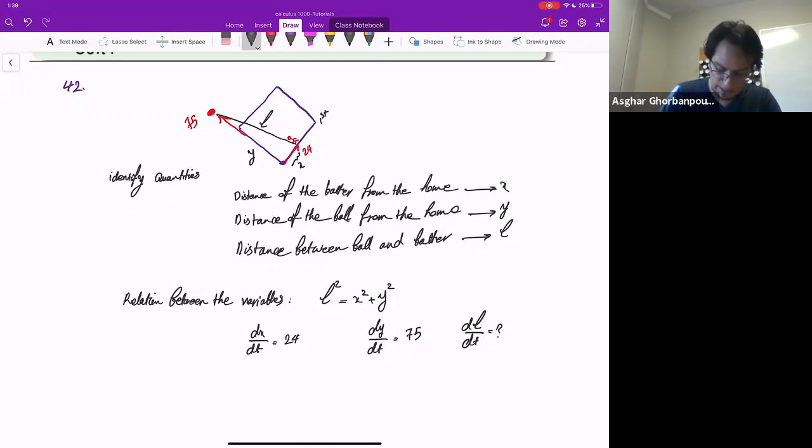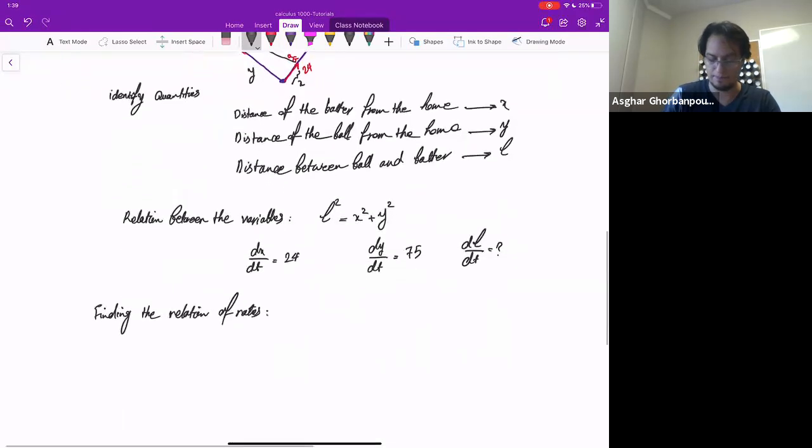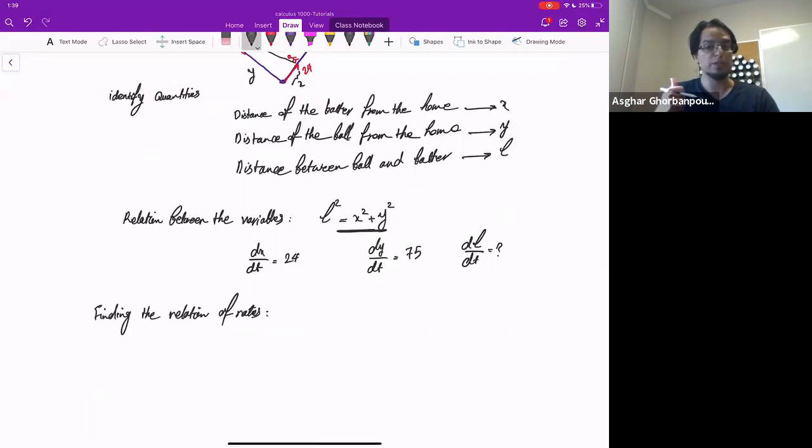So now we find the relation among the rates. This is the equation. In related rates, we differentiate with respect to the third variable, usually the time.